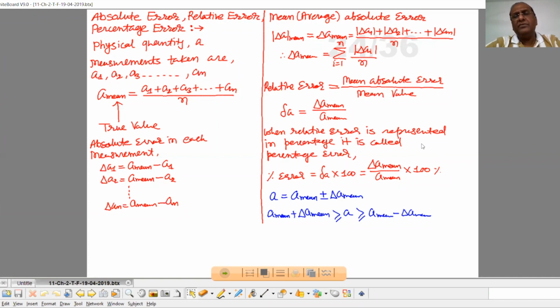So definitely the error will appear equal to the least count of that particular instrument.